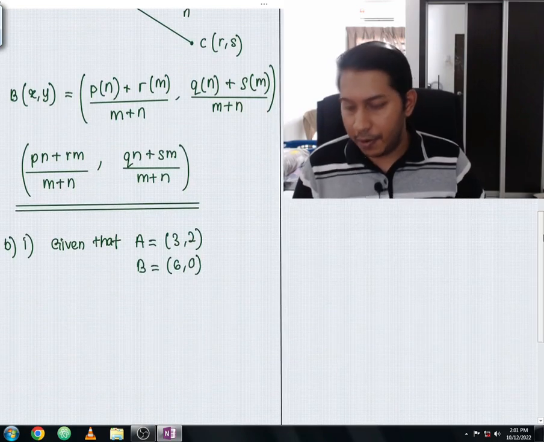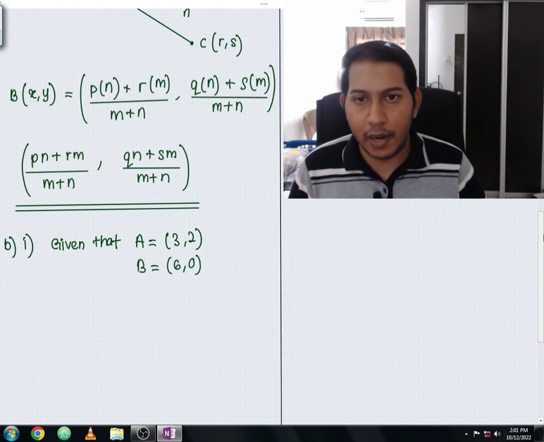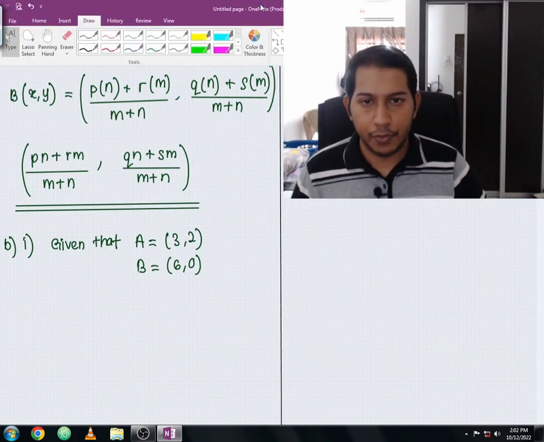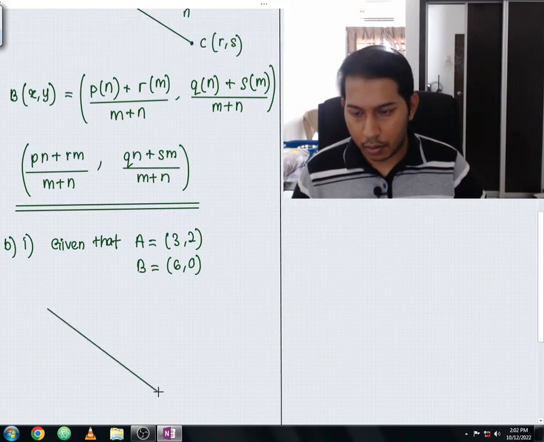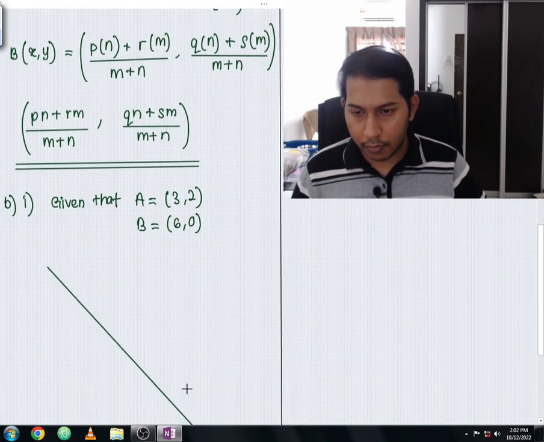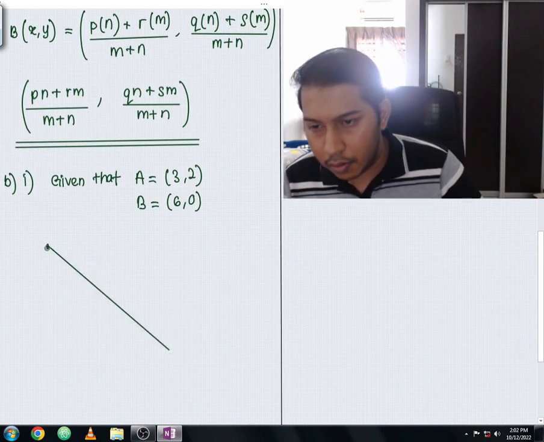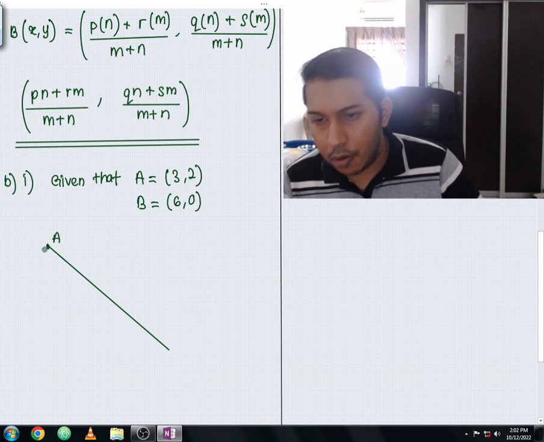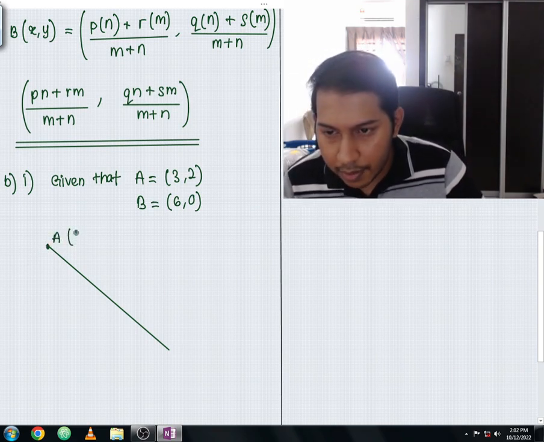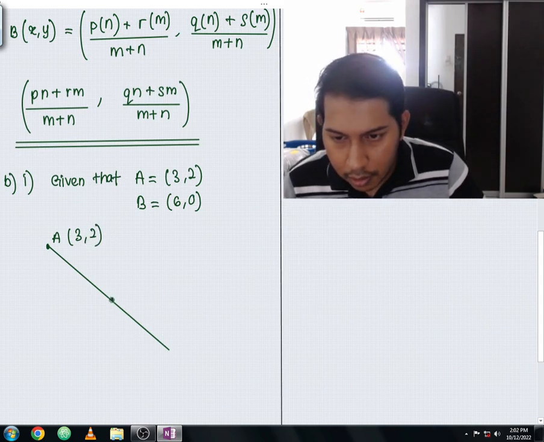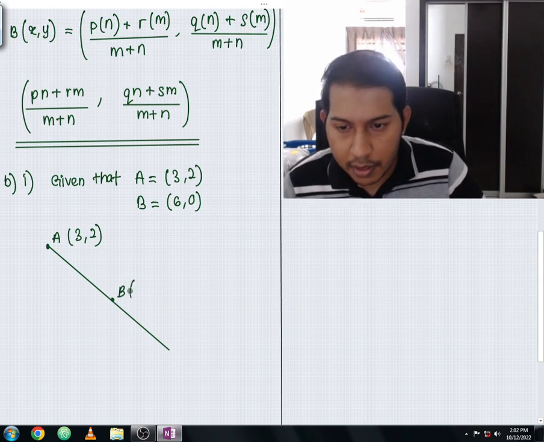From here, how are we going to start? Similar concept. What I'm going to do now is sketch a straight line. Similar working. In this case our coordinate A, given by the question, is (3, 2), and coordinate B is (6, 0).